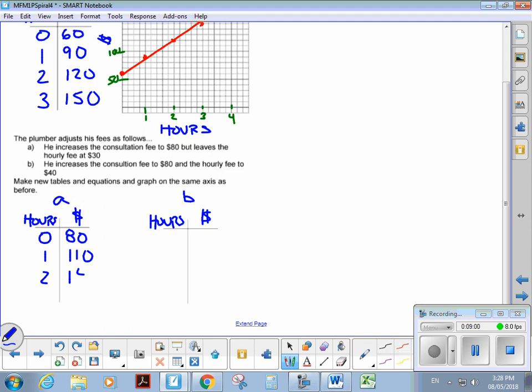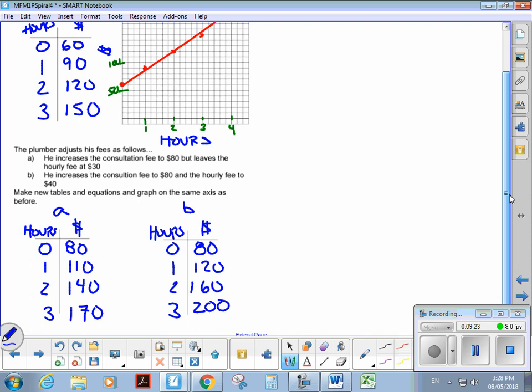Adding 30, it's $140 and $170. The other one, he increases both. So 0, 80, and now instead of going up by 30s, we're going to go up by 40s. 120, 160, 200.